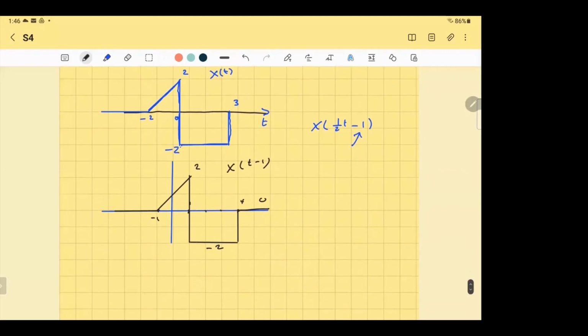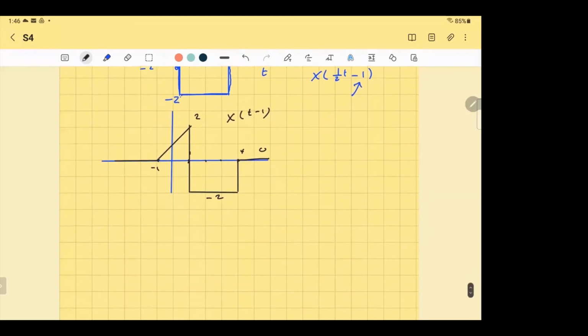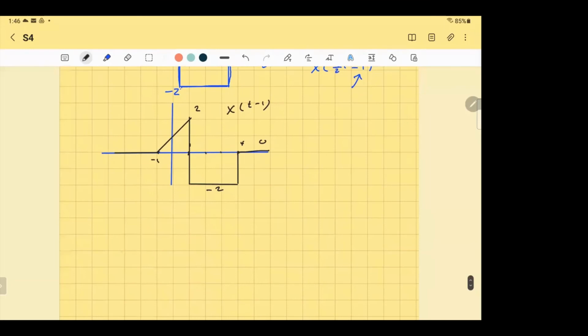Then I have half t. That will be expansion by 2. So I multiply every single time here by 2. So that's x of half t minus 1, multiplied by 2. So -1 multiplied by 2 will be -2.